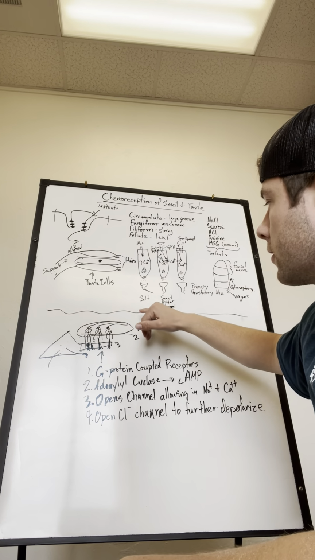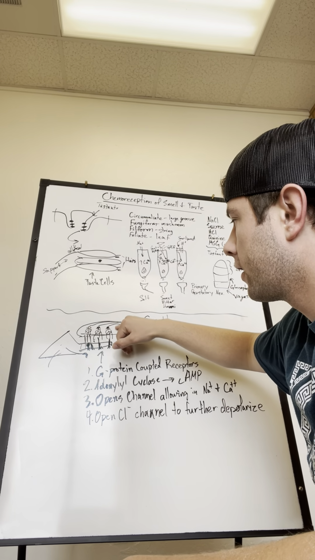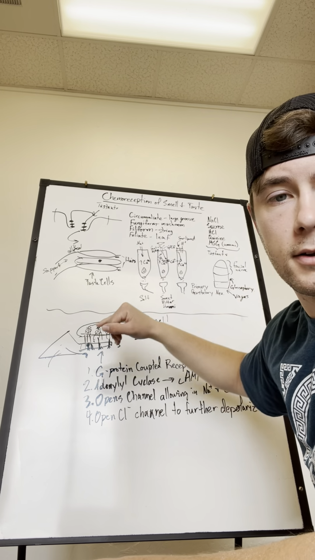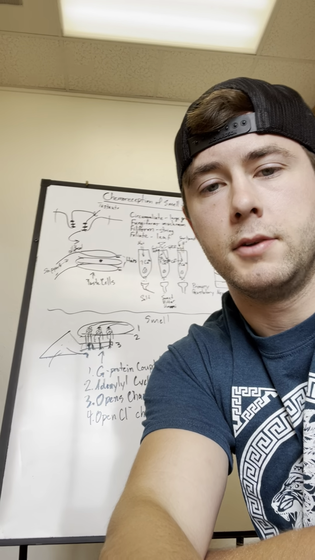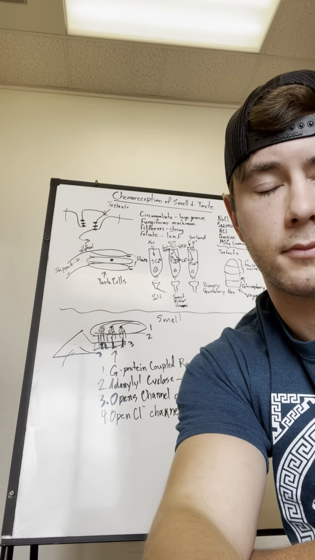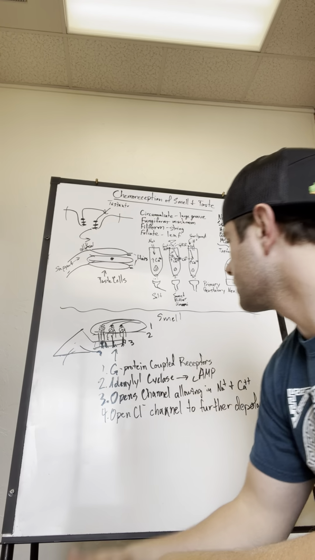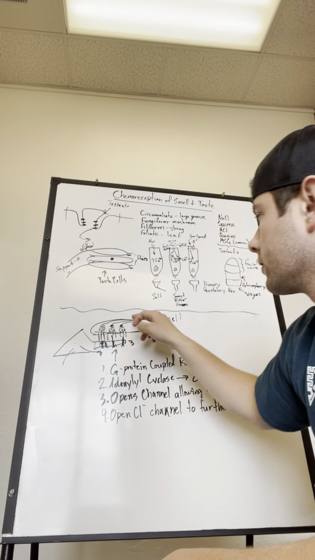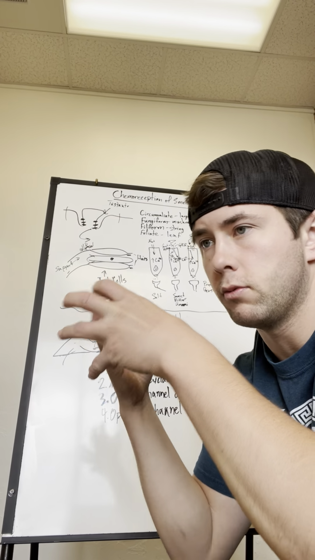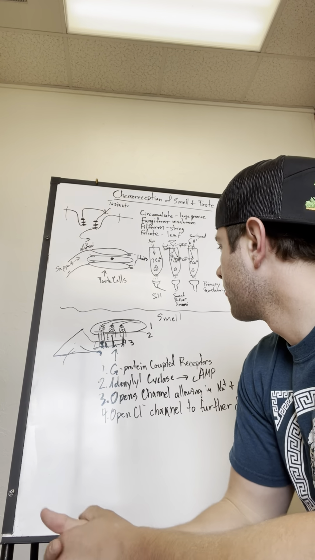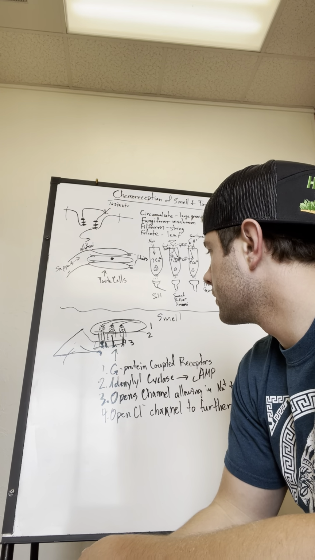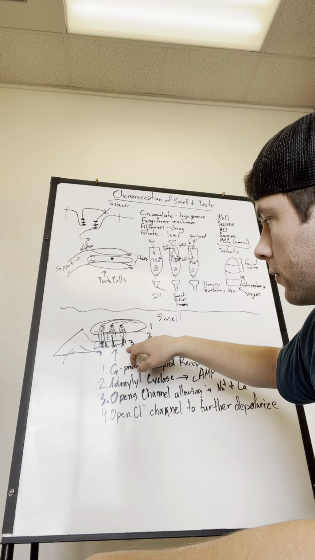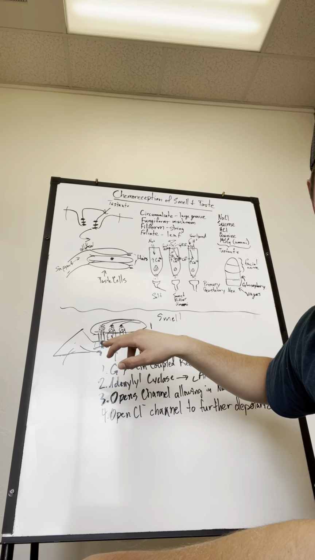Your olfactory bulb is going to house mitral cells, being essentially what sends the signal back to the brain. And then you're going to have a glomerulus, which is kind of a webbing of a bunch of nerves. That glomerulus is going to be attached to your olfactory neurons.